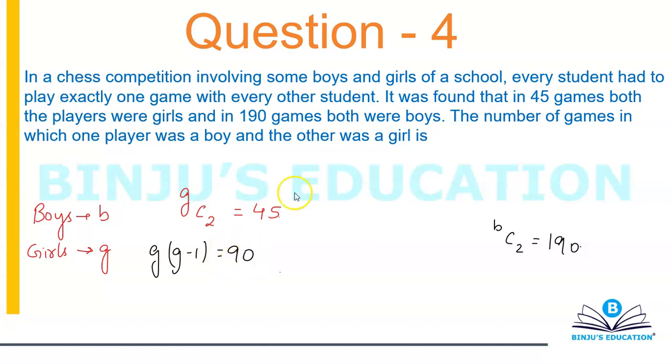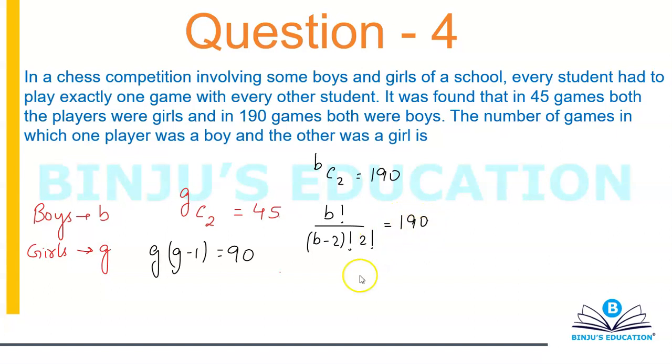Now I just need to solve BC2 is 190. So this becomes B factorial divided by (B minus 2) factorial into 2 factorial is 190. Again you will have B into (B minus 1) equal to 380. This is one equation, this is the second one.